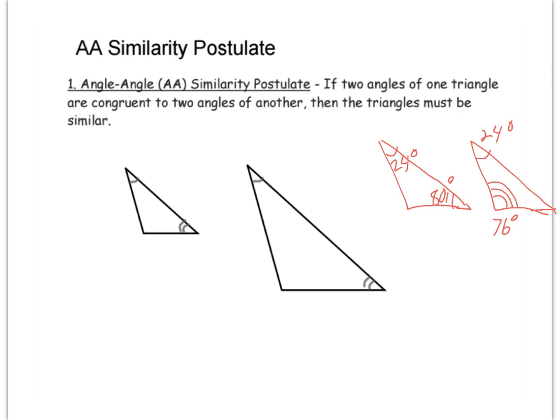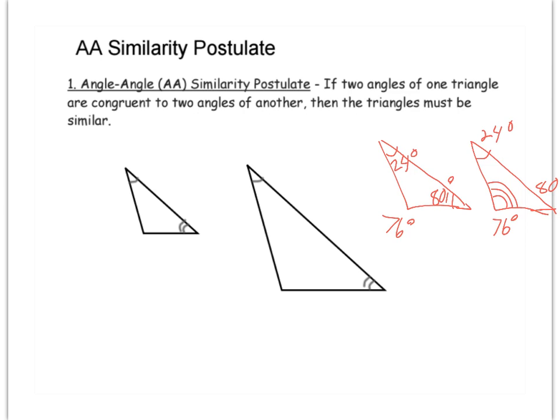We could figure out whether or not those are similar. We know those two angles are the same. If we add and subtract from 180, we know that this angle over here has to be 80 degrees. Same thing over here. If we add and subtract from 180, we know that this angle over here has to be 76 degrees. They wind up to be the same.